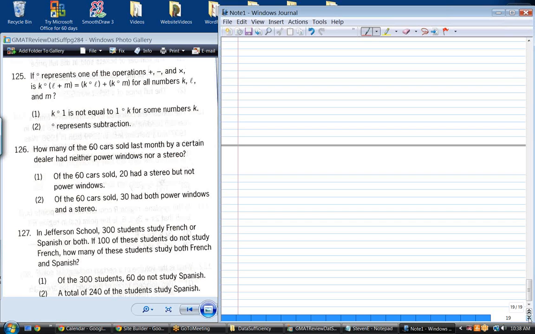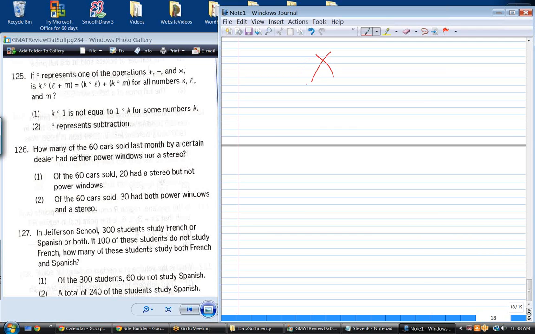So that is going to lead me towards multiplication. It appears to be multiplication. In other words, multiplication works if k multiplied by l plus m is certainly equal to k times l plus k times m. So it could be multiplication.